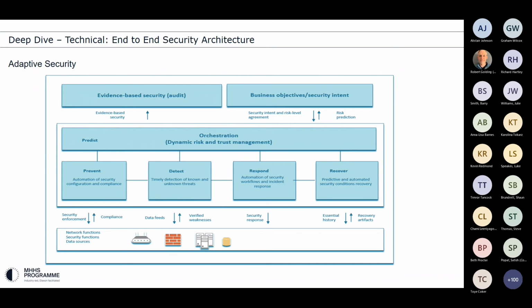So here is an overview of what an adaptive security architecture would look like in terms of a security management and automation type platform, and it covers off all the aspects that we would want to be in place to manage the DIP securely. So the orchestration and automation is there really to remove the more manual aspects of a traditional security architecture.